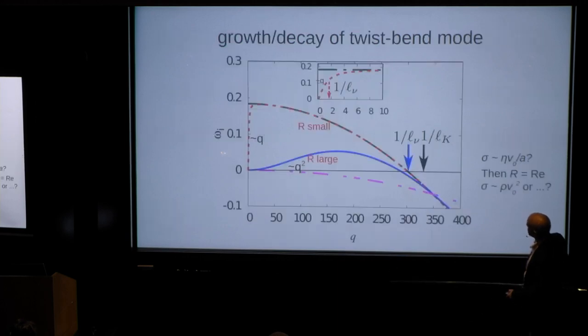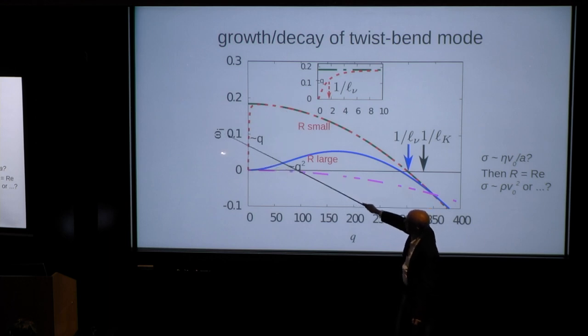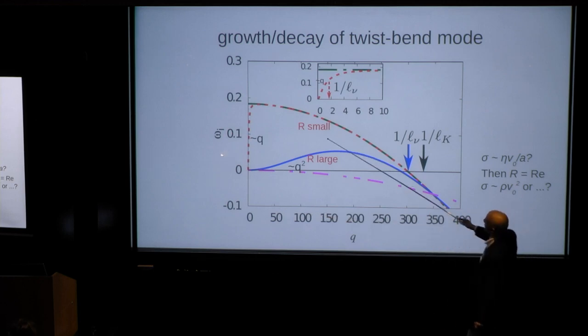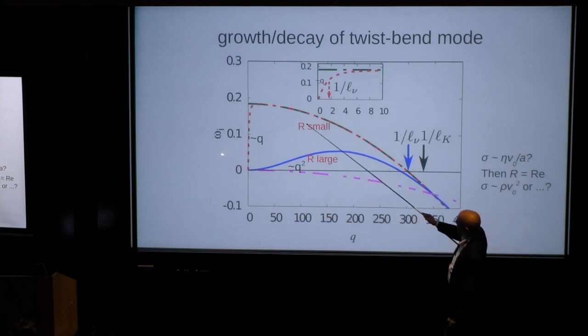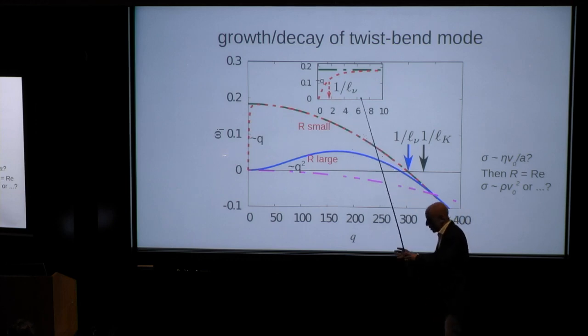So basically what that means is that if you plot the imaginary part of the frequency, that is the growth or decay rate, as a function of wave number, if our non-dimensional Reynolds-like number is small, you have an instability which seems to go to a non-zero value at zero wave number, but in fact, at wave numbers small compared to the scale where the active waves inertia dominates over viscosity, goes down, and you have a growth rate of order q.